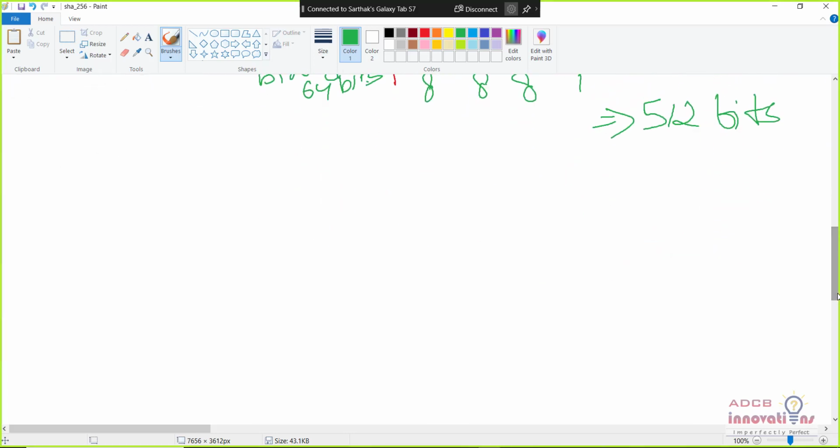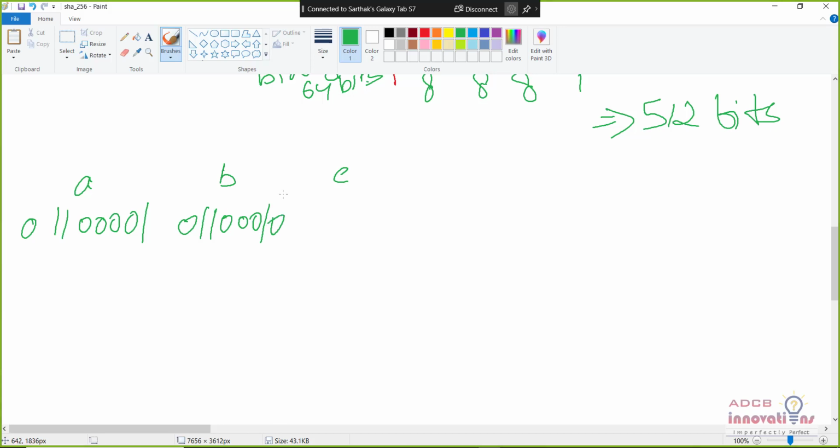So we see, first of all, there is this A, B and C. So I will write the values of A, B and C again. So it is 0, 1, 1, 0, 0, 0, 0, 1. For B it is 0, 1, 1, 0, 0, 0, 1, 0. For C it is 0, 1, 1, 0, 0, 0, 1, 1.